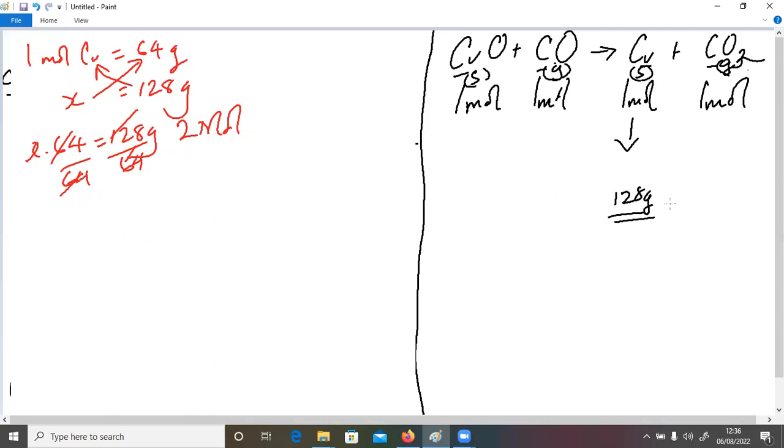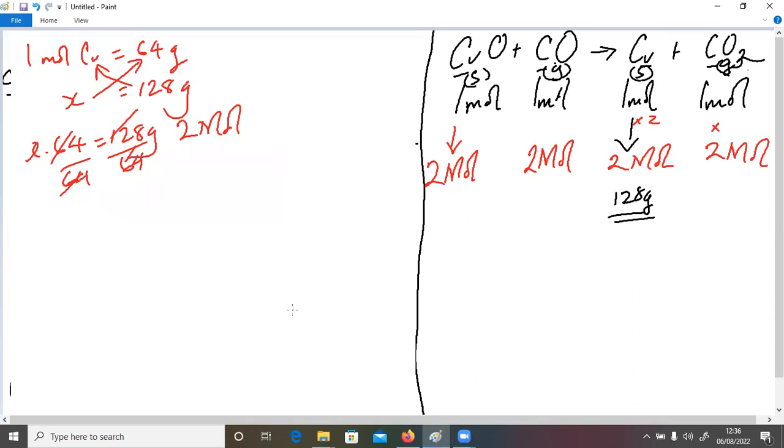Here I am saying 128 grams is equal to 2 moles of copper, so I multiplied by 2. Going by this ratio, I have to produce 2 moles of carbon dioxide, use 2 moles of carbon monoxide, and use 2 moles of copper oxide.